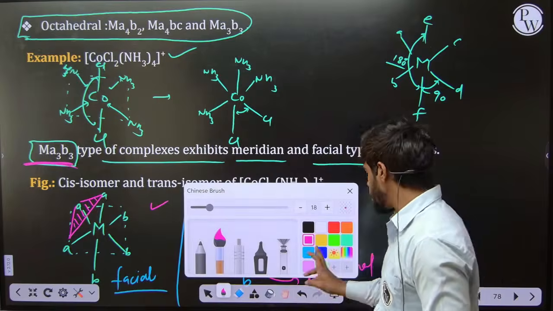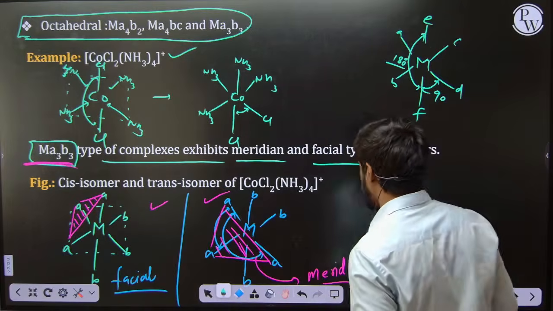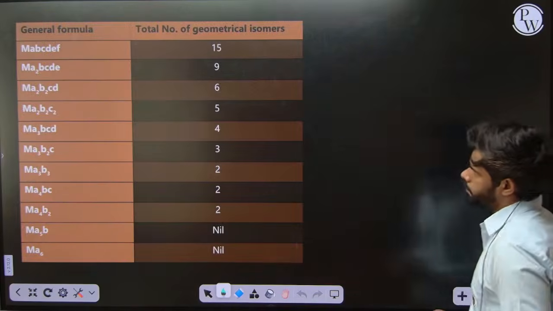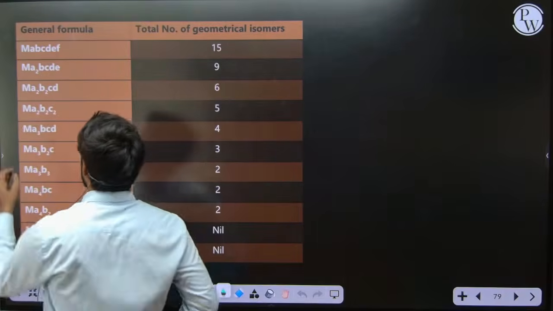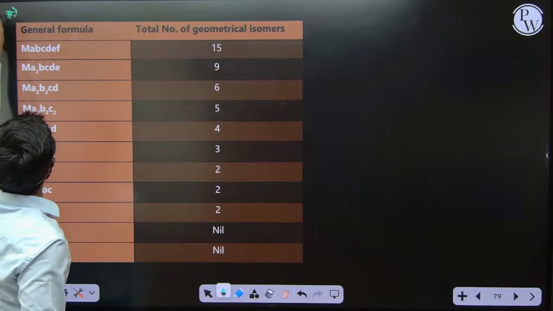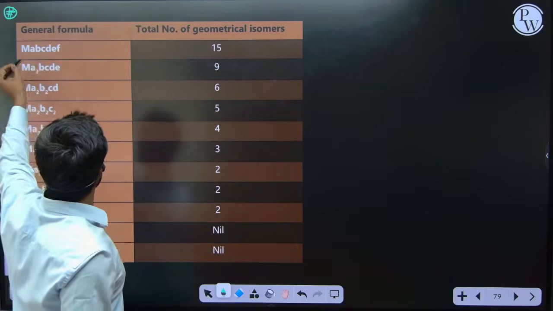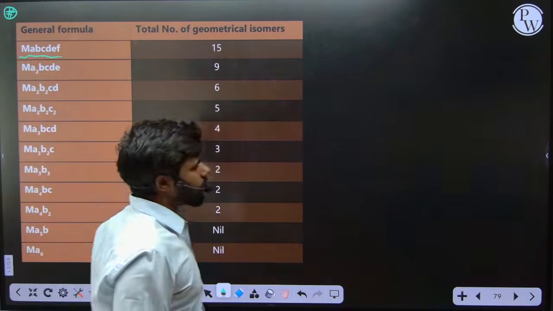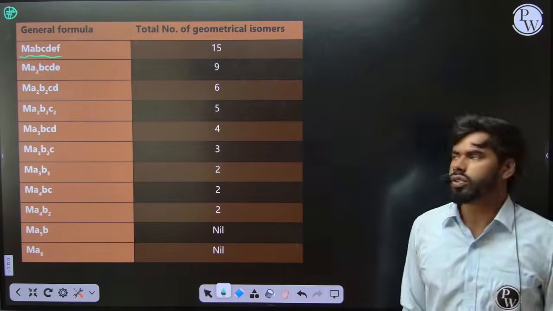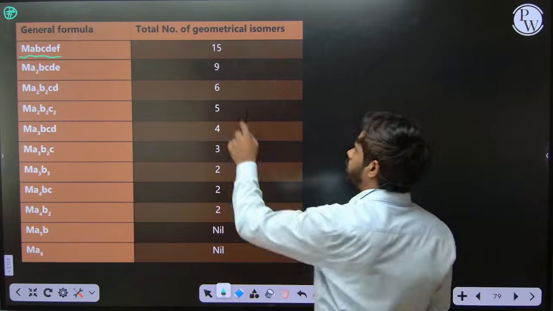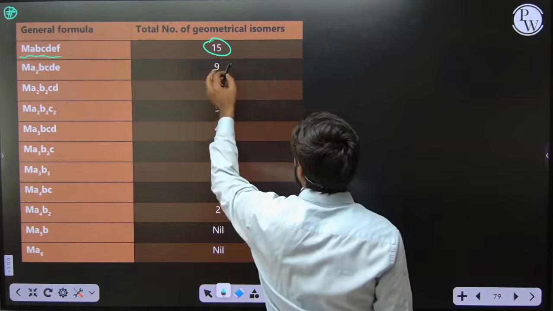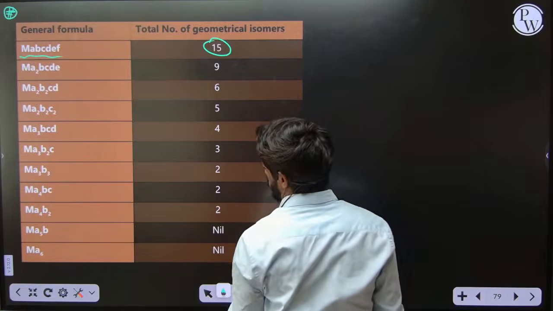Okay, so this is the total list of geometrical isomers we can have, for A B C D E F it is given. It can show a total of 15, all of which we can remember.